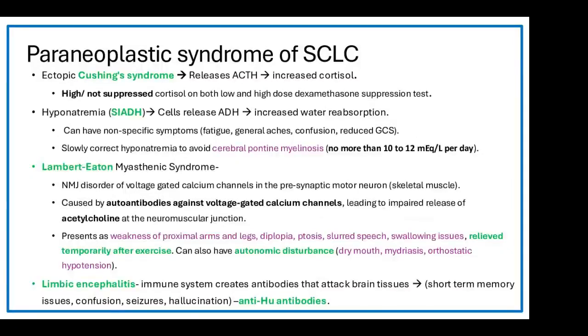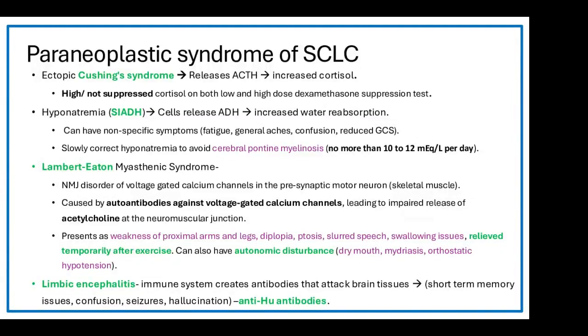Some of the other paraneoplastic features would be hyponatremia caused by syndrome of inappropriate antidiuretic hormone. So ADH is antidiuretic hormone, and essentially it does what it says. It preserves the water in the body, which causes low sodium.